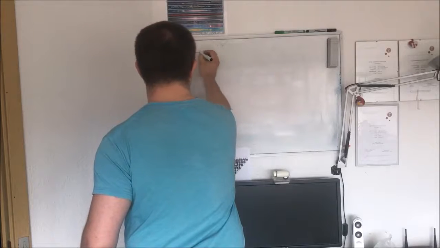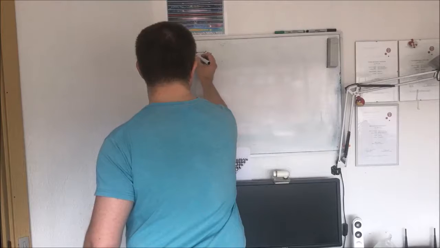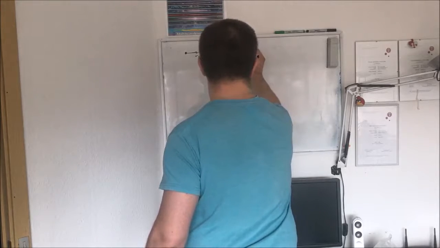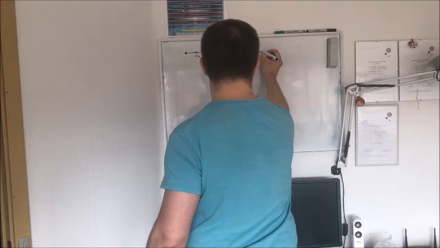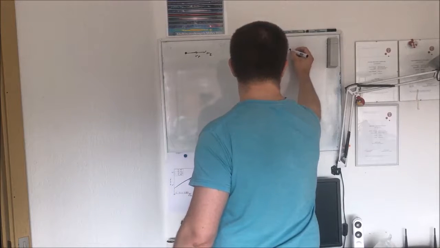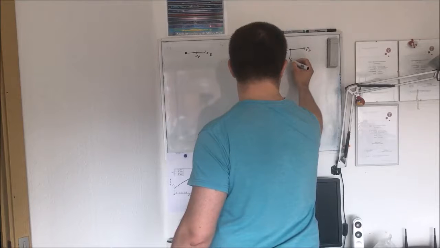One where the velocity of the Earth and the velocity of the plane are in the same direction. One is where the plane is beginning to turn, so it would be something like that. And the final example where the plane has already turned.